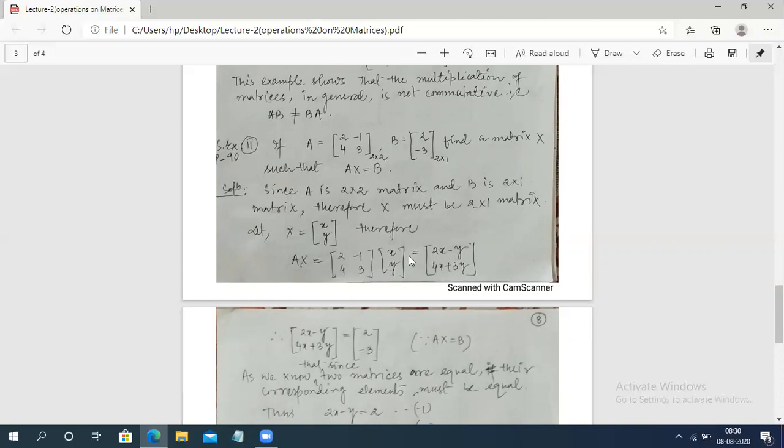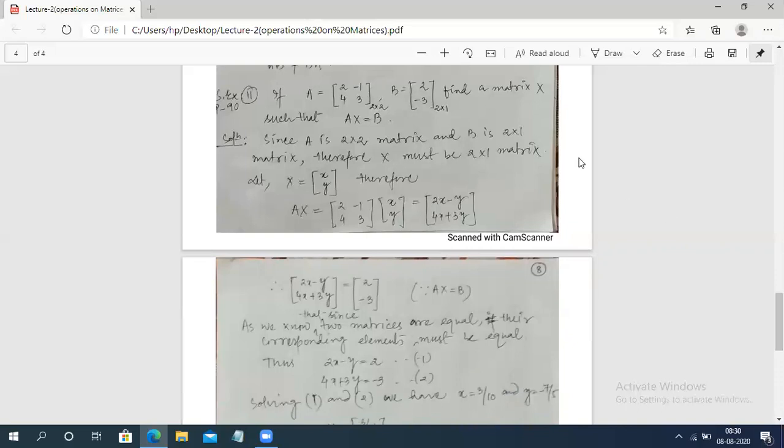So we are getting a column matrix of order 2 by 1, that is 2x minus y and 4x plus 3y. And it is given that this matrix AX is equal to B, and B is given as 2, minus 3. So we are writing AX equal to B.